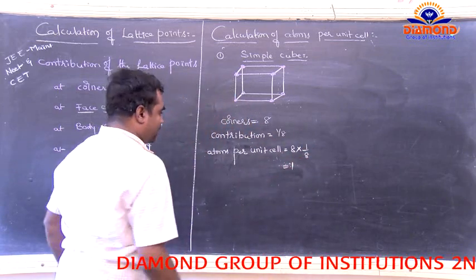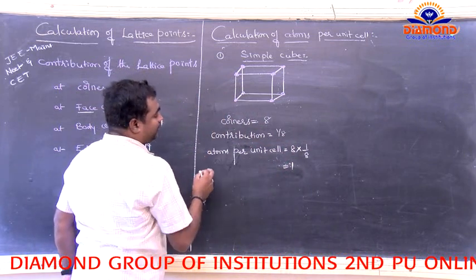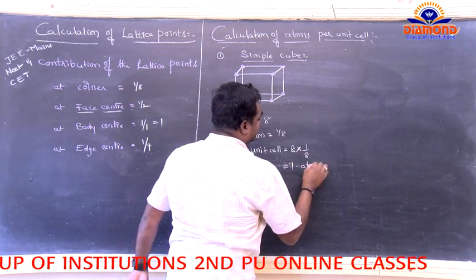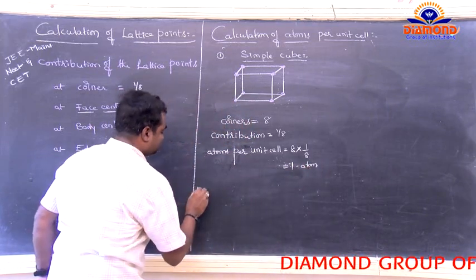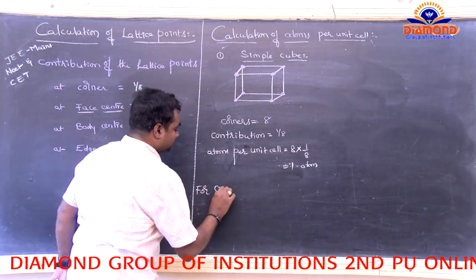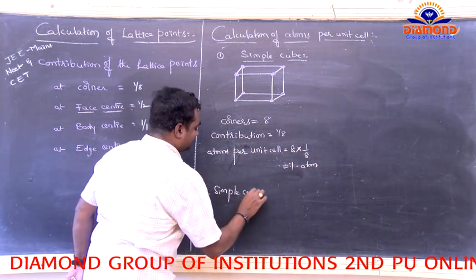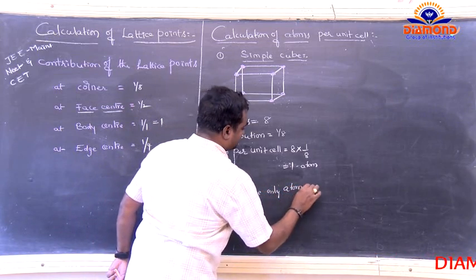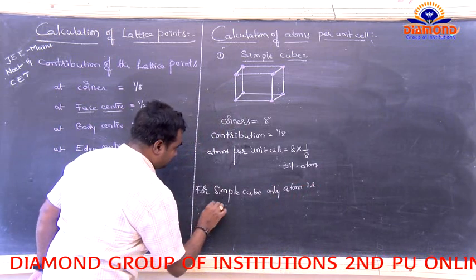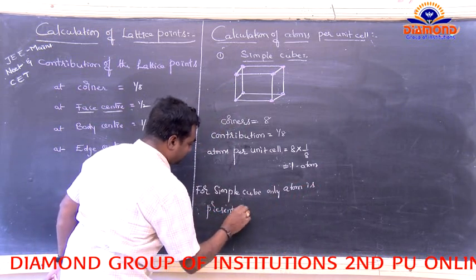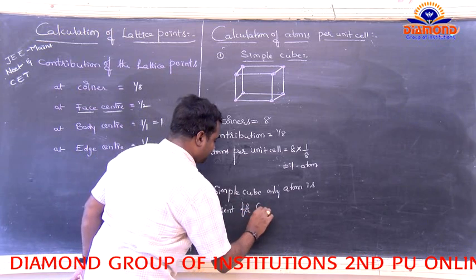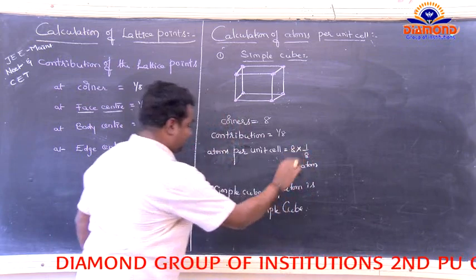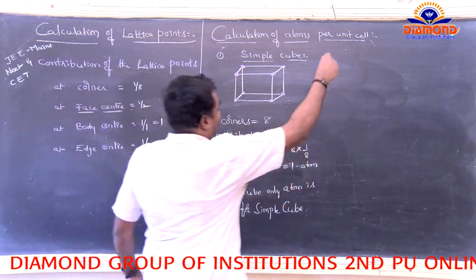So for the simple cube, only one atom is present per unit cell.